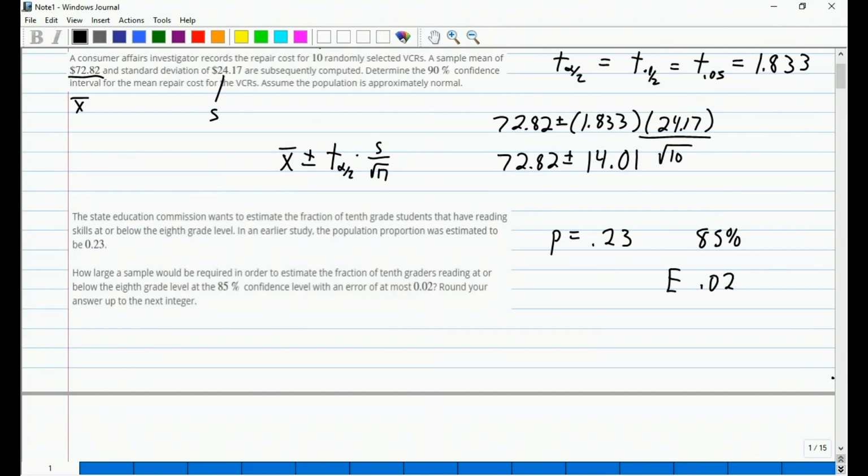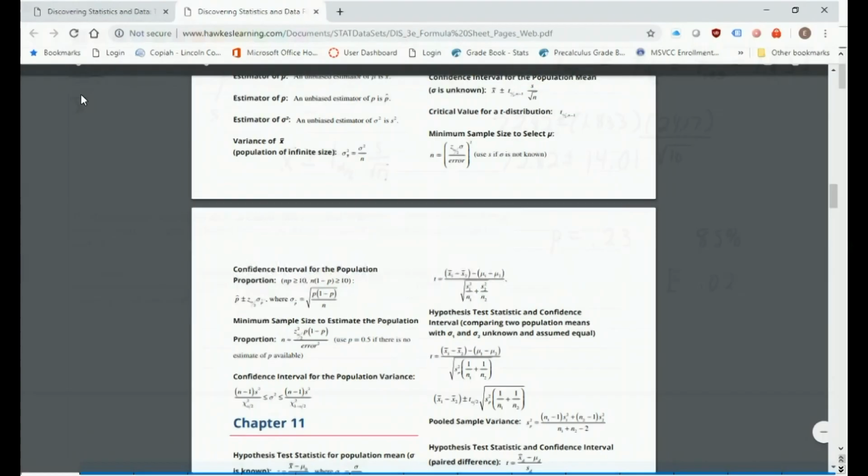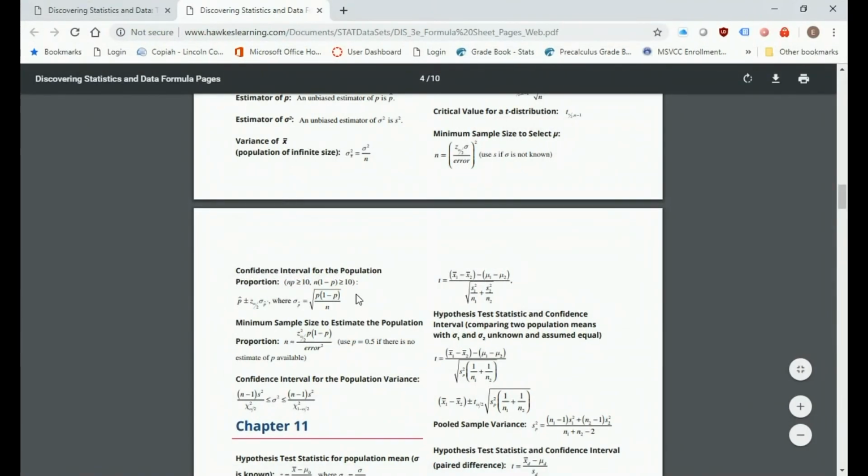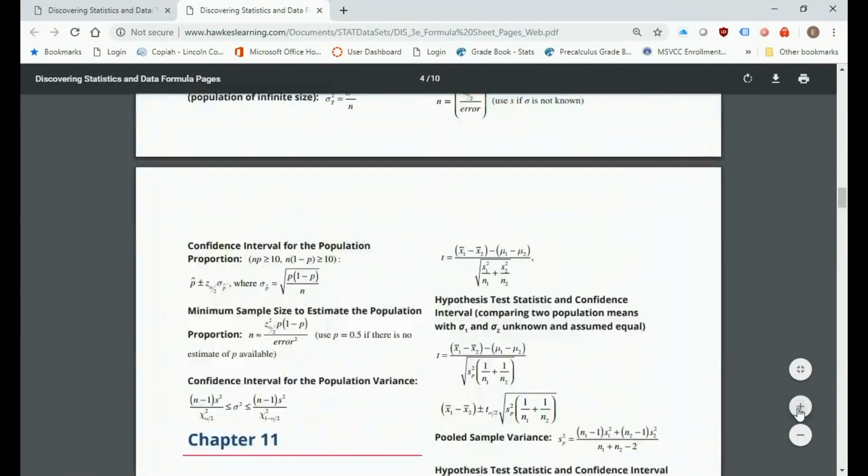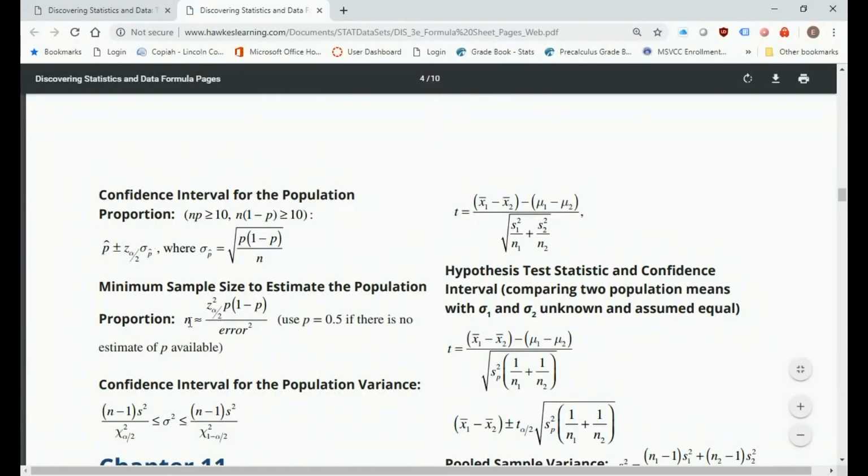All right, so let's see. If we look here, we start talking about populations, and we want to look at minimum sample size for populations. You got this formula here, it's an approximation. You got to take your critical Z and square it.